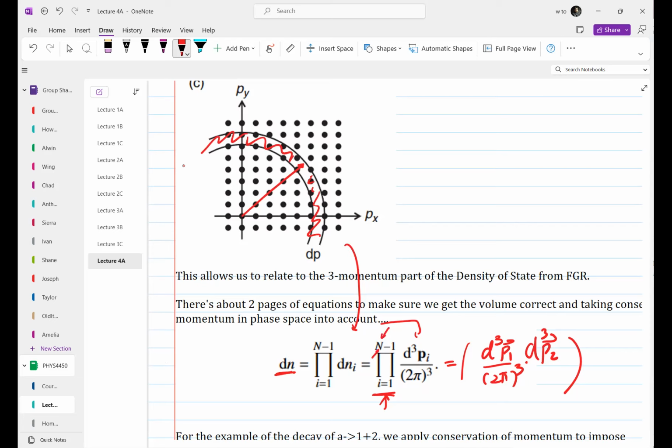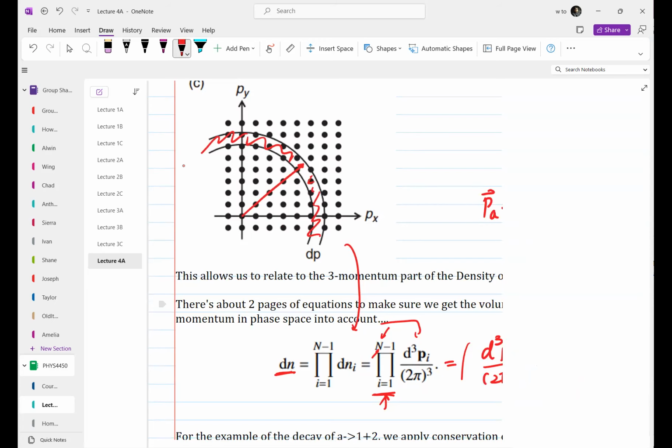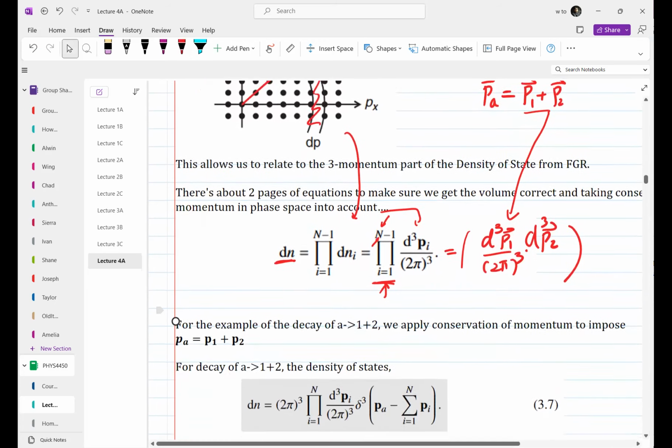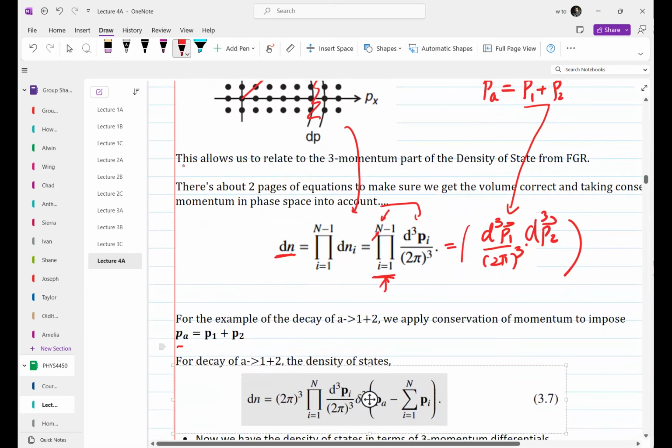Because what's happening is that you're imposing conservation of momentum. So momentum coming in has to be equal to momentum coming out, in 3 dimensions also. So these two are what's going to be accounted for. Oh, I already wrote it down here.